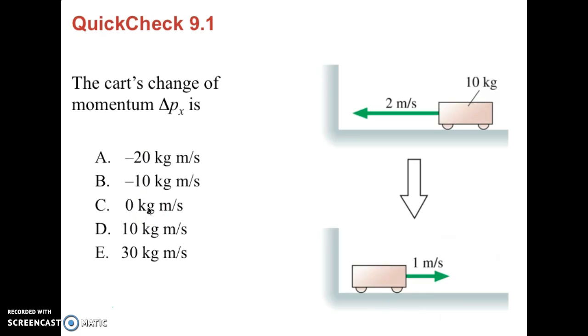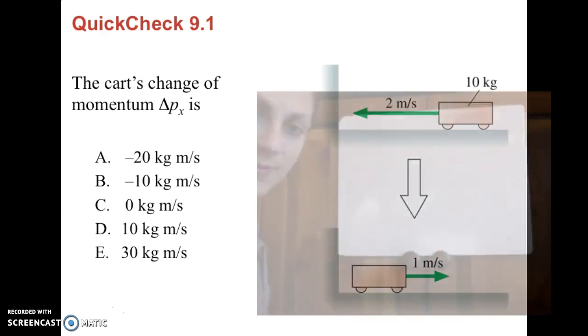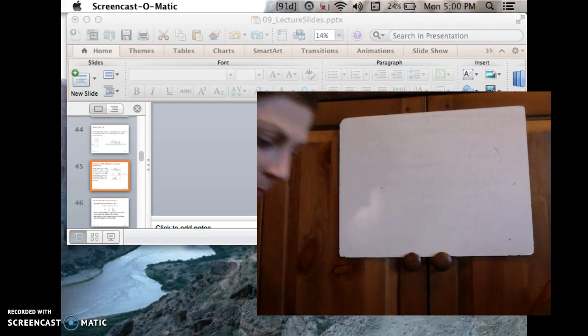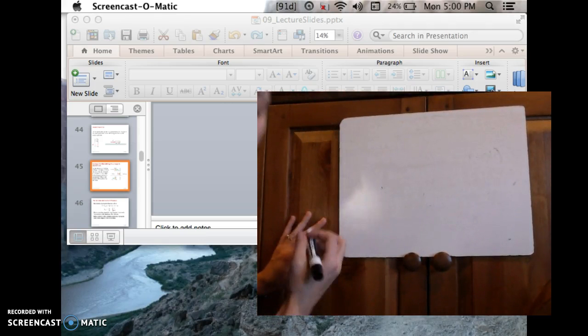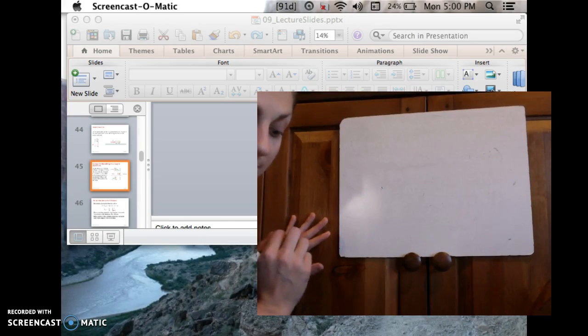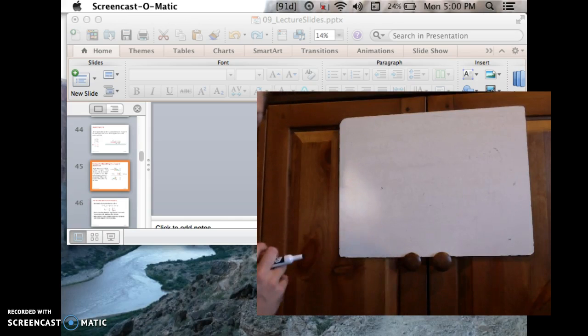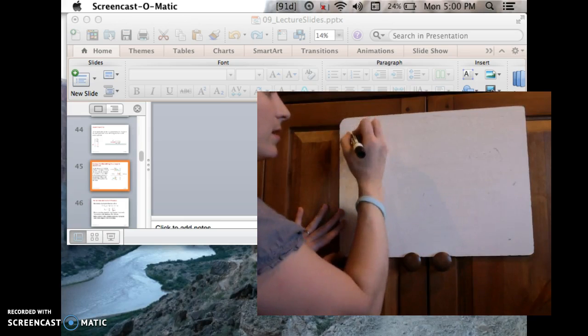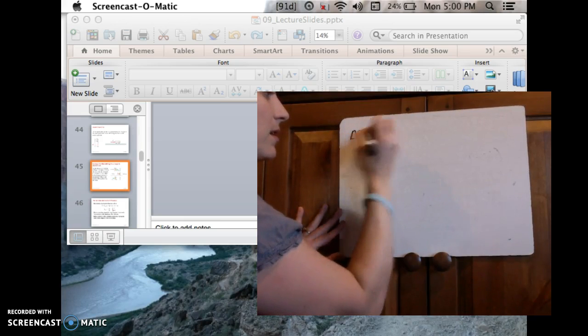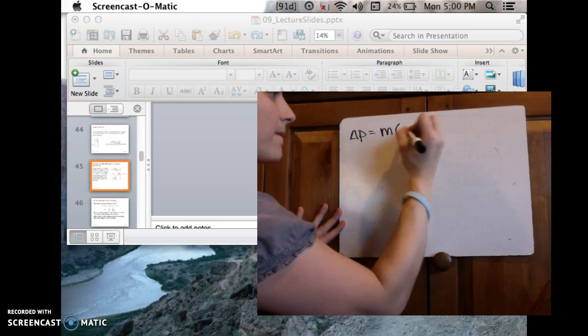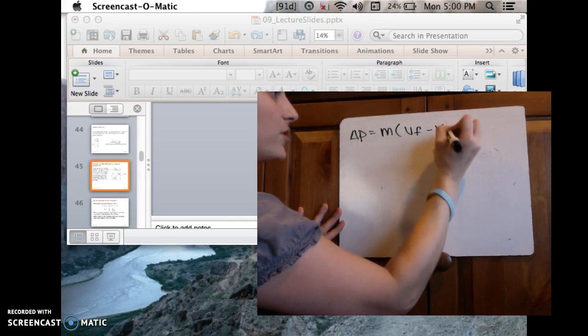All right, so solving the quick check, we see that initially, the object is moving to the left at negative 2 meters per second, and then at the end, it was moving to the right at 1 meter per second. So delta P equals m times v final minus v initial.